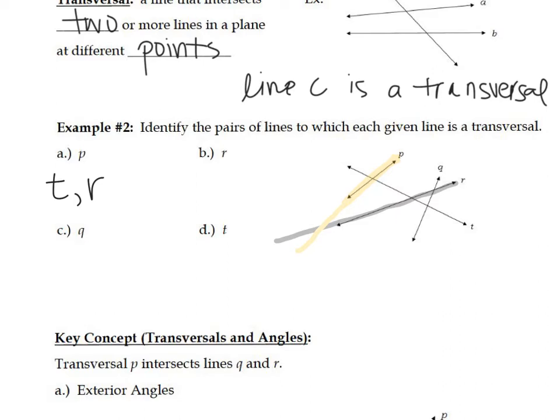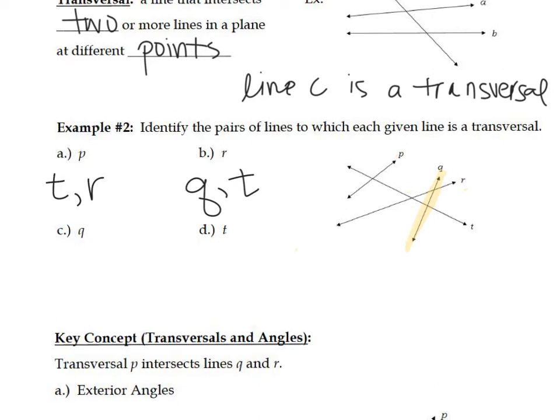Next, we're going to take a look at line R, which is quite obvious since as I shade line R, it goes through two lines right away, which would be lines Q and T. Next we're going to look at line Q, which as I highlight it, goes through two lines right away.